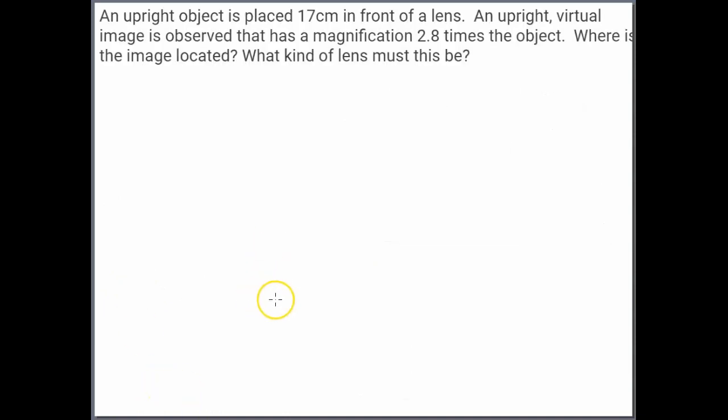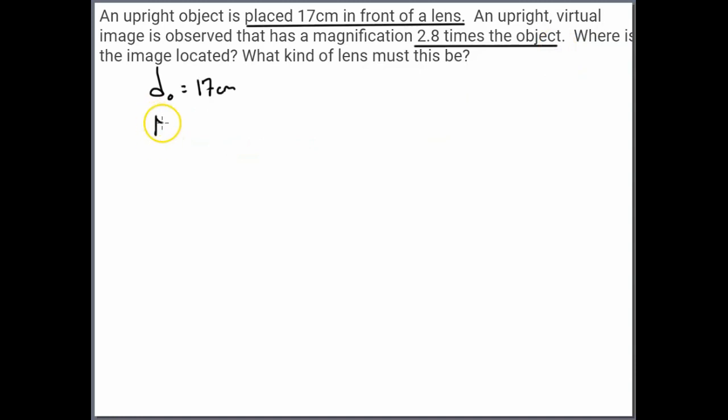Here we have an upright object placed 17 centimeters in front of a lens. So this is its position or distance from the lens. They're giving us DO, that is 17 centimeters. Then we have an upright image. So the object and the image are both upright. So we know the magnification is positive, and it's telling us it is 2.8 times.